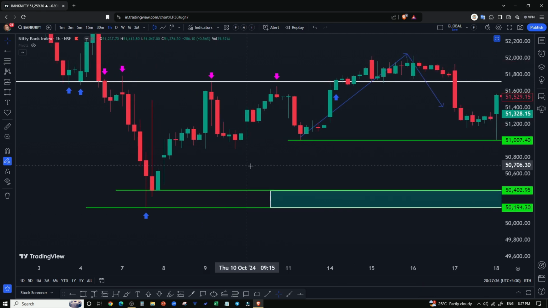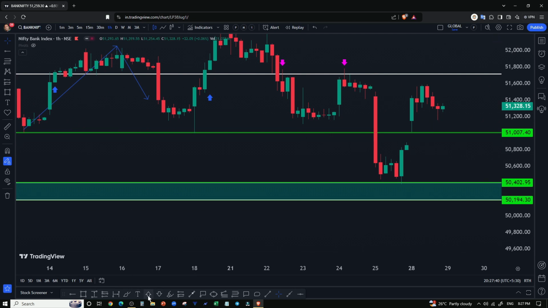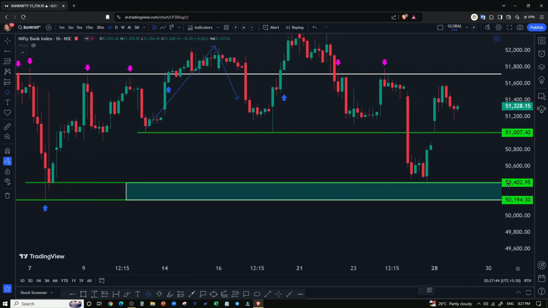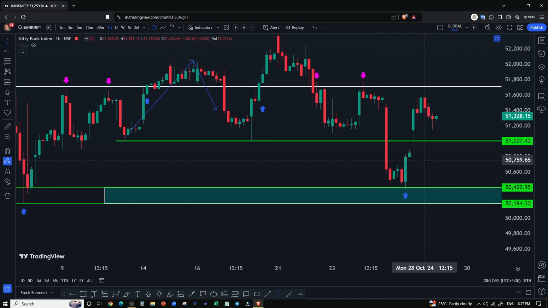This is called a zone. When the market approaches this zone, buyers might get activated. In this case, exactly what happened: when the market approached this 50,400 level, there is a 200 points zone, and immediately buyers got activated. Okay, it is clearly visible from the price action perspective based on the candlesticks.